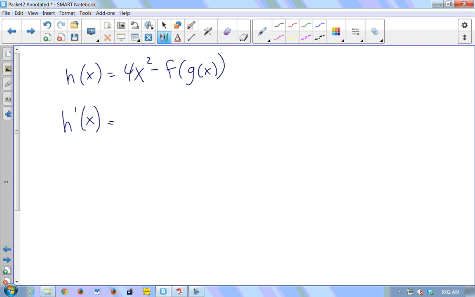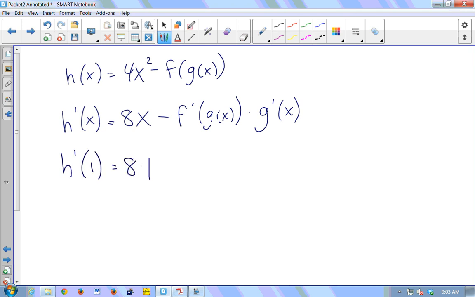So the derivative of 4x squared is 8x minus, and then the derivative of a composition, we use the chain rule. The formal definition of the chain rule says, well, you take the derivative of the outside function, evaluate it at the inside function, times the derivative of the inside function. And then I need h prime of 1, so I'll plug a 1 in here. 8 times 1 minus f prime of g of 1 times g prime of 1.